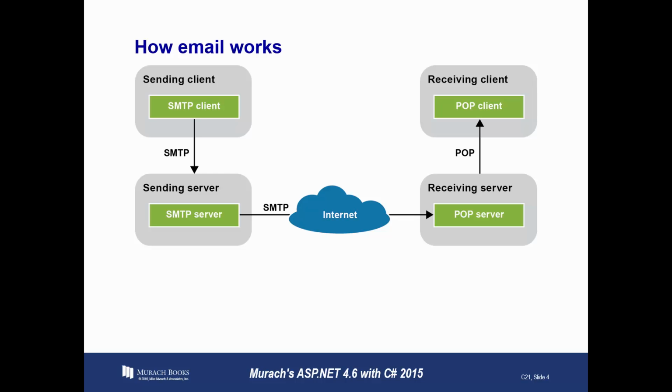Now, they mention on page 757 3 common reasons for sending email from an app. One is to confirm receipt of an order, so you're working with some kind of online store and you want to let them know that the order has been received. 2, to remind a registered user of a forgotten password. 3, to notify the support personnel of a problem.